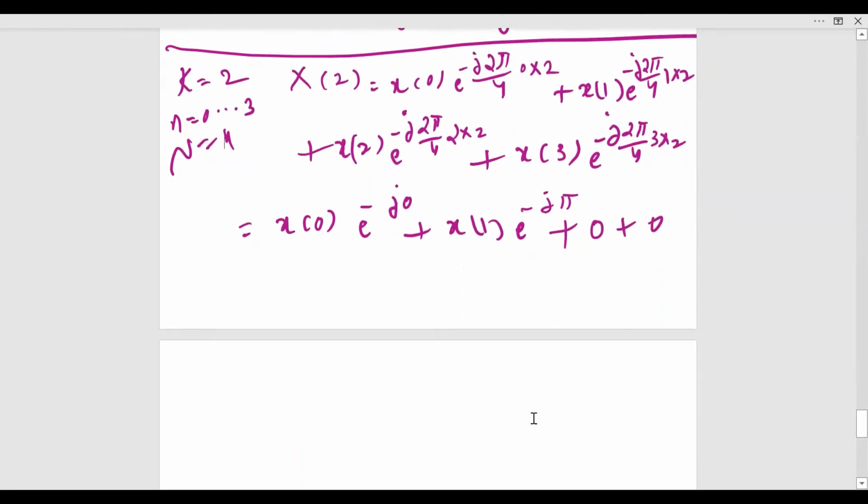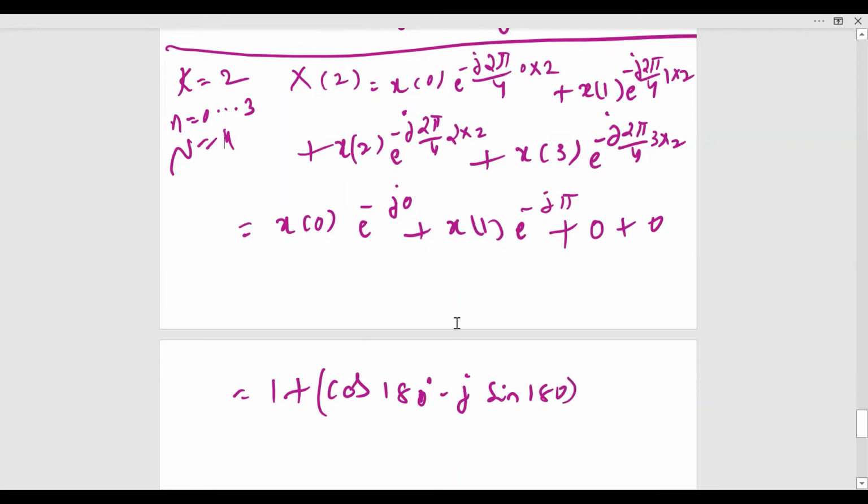Now x of 0 is 1, 1 into e power minus j 0 is 1, so 1 plus x of 1 is 1, so we can write it as e power minus j pi. Now we have to write e power minus j pi, that is cos of 180 minus j sin 180.